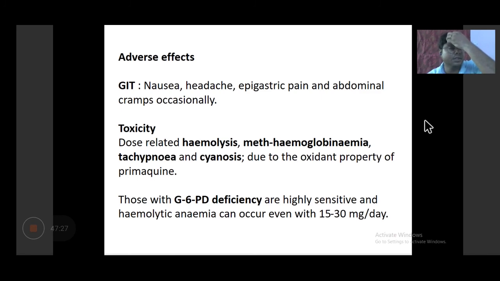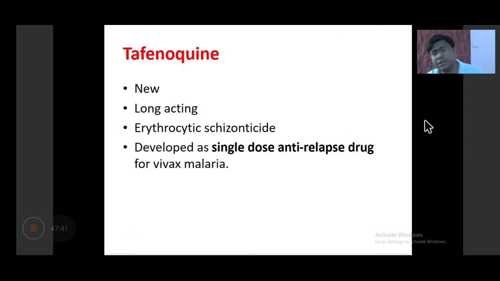So what we do is give this drug very cautiously and always counsel the patient to come in as soon as they see any kind of bleeding symptom or sign, and they should report.